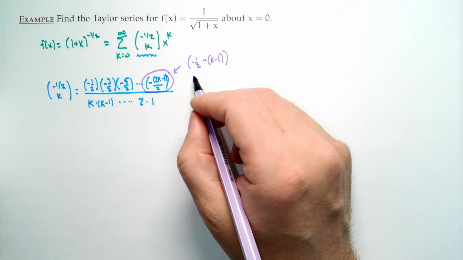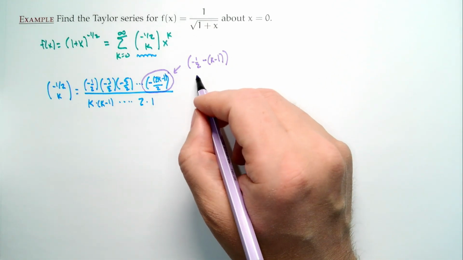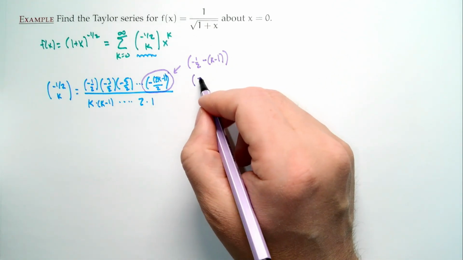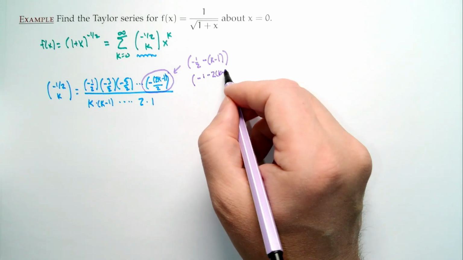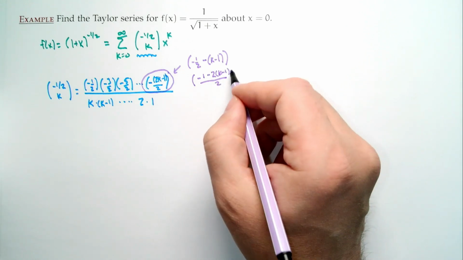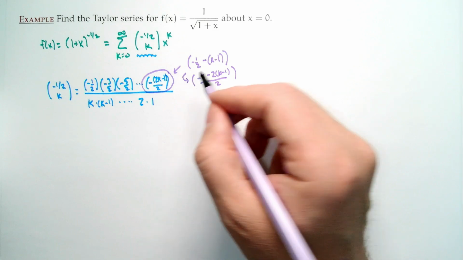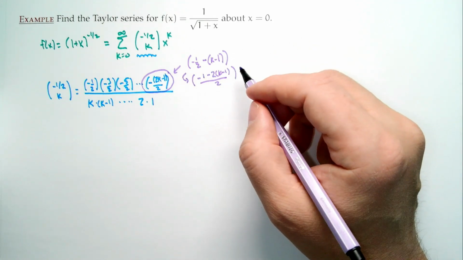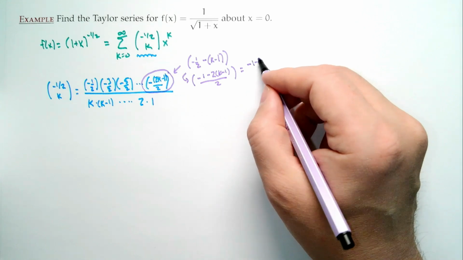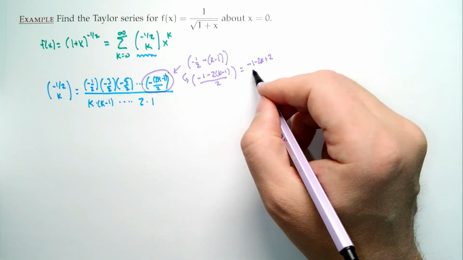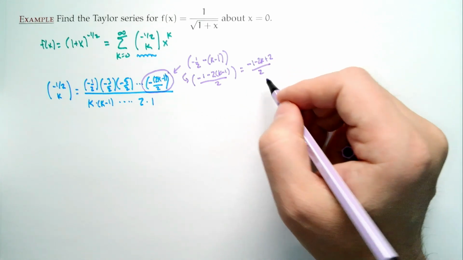So, common denominator would make this 2. So we get 1 minus 2 times k minus 1 all over 2. So that's what that would become. And let's see. Well, that's the same as 1 minus 2k plus 2 all over 2.